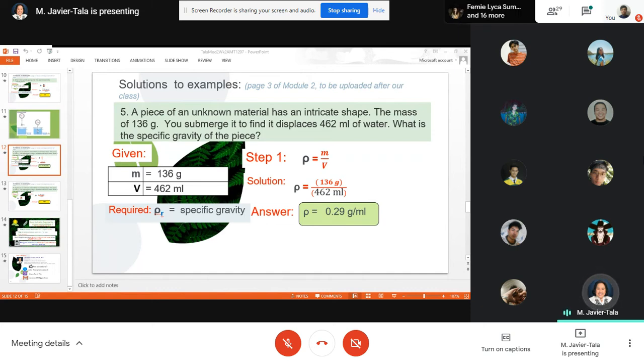What is the density of your unknown material? As you can see here in the slide, 0.29 grams per milliliter po. 0.29. So 0.29 gram per ml.